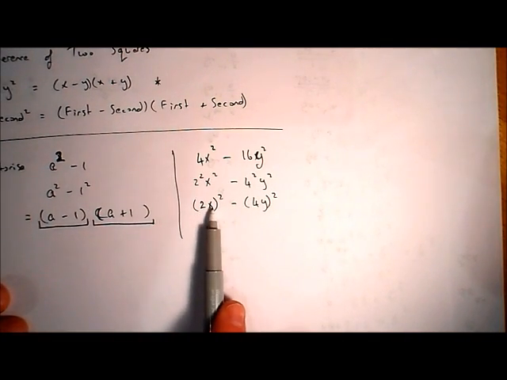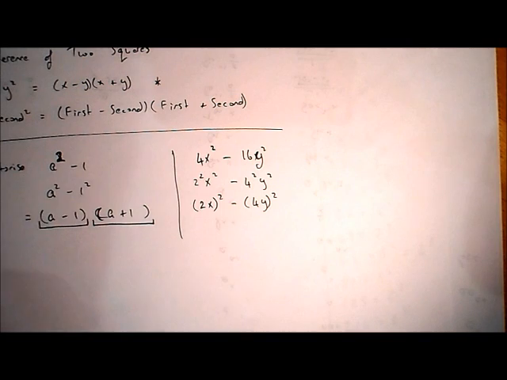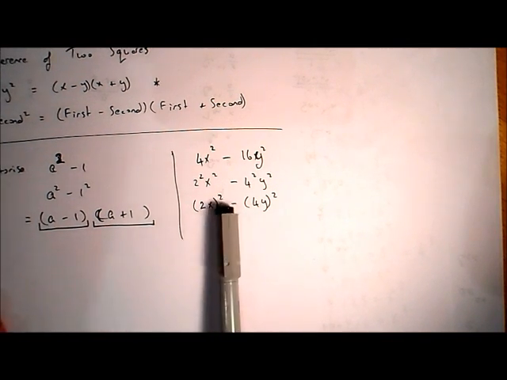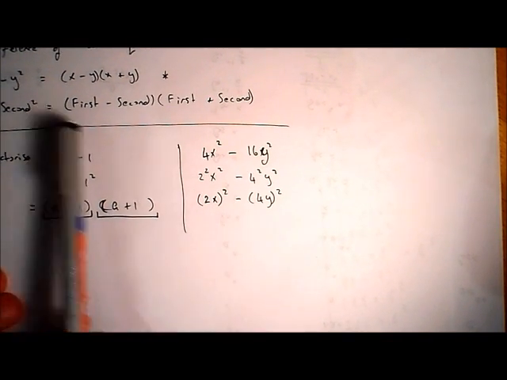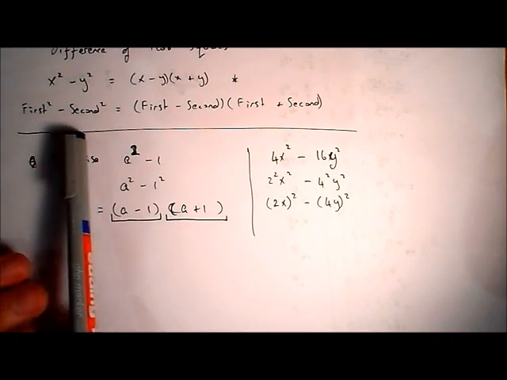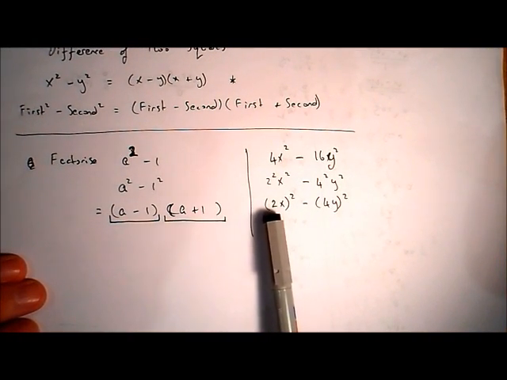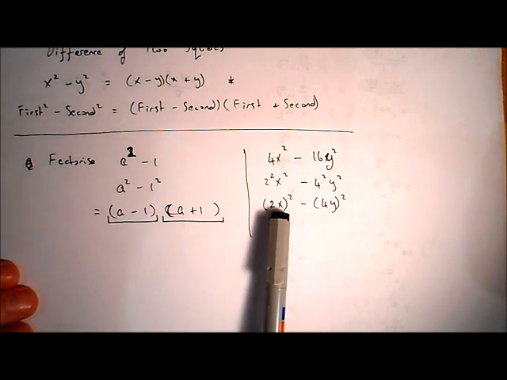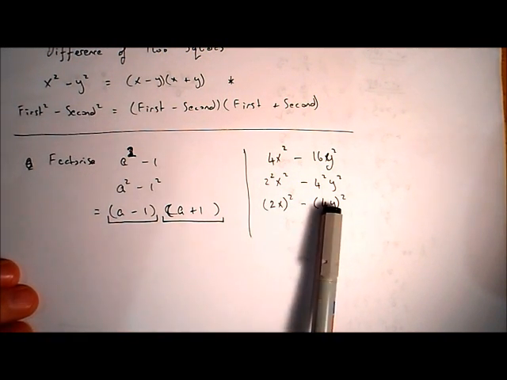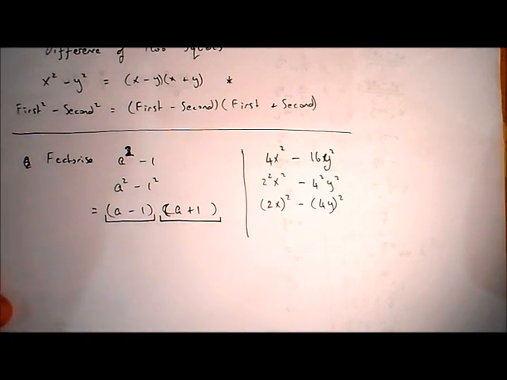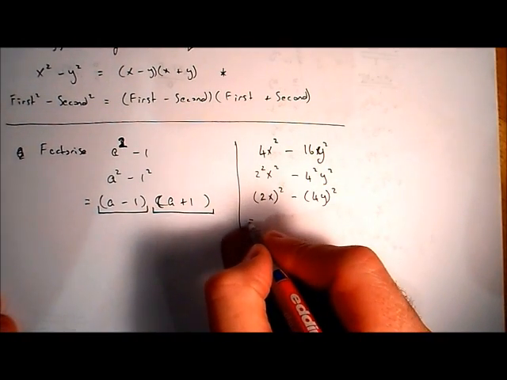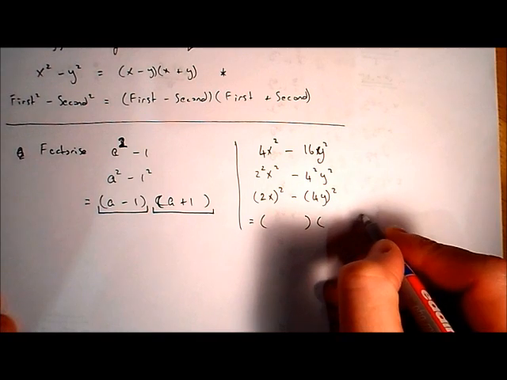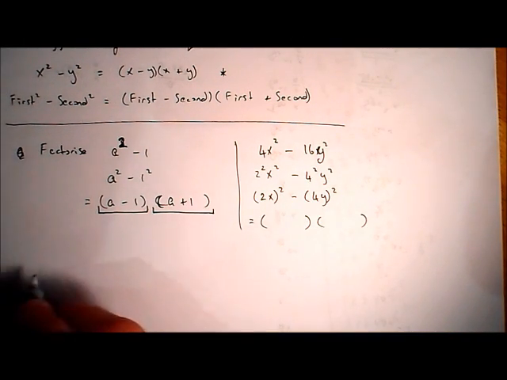Now I've got something squared minus something else squared. I've got a difference of two squares, and we know how to factorize a difference of two squares. We can just use this formula up here. In this 2x all squared minus 4y all squared, the first is the 2x bit and the second is the 4y bit. To factorize that, I can rewrite it as a product, something multiplied by something.